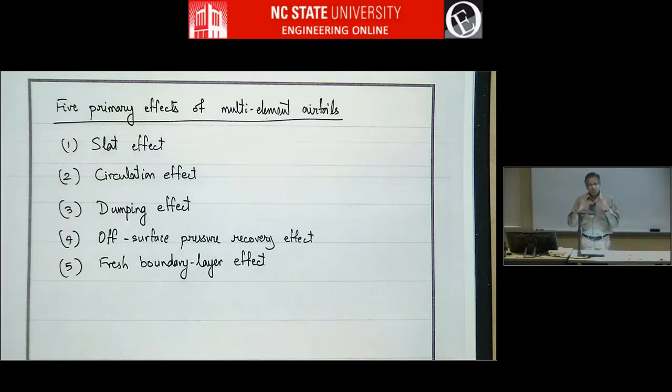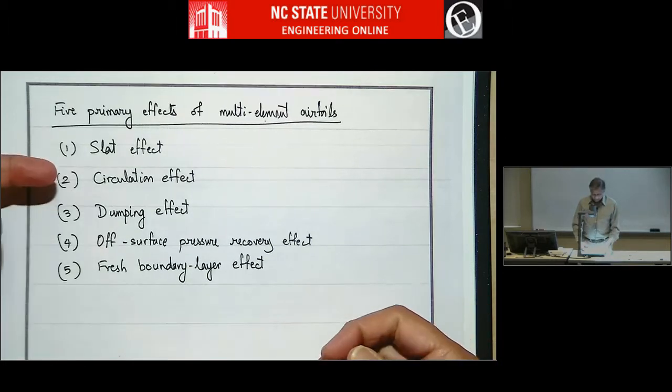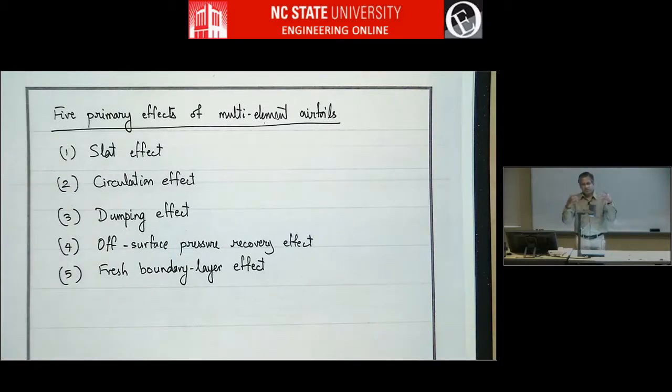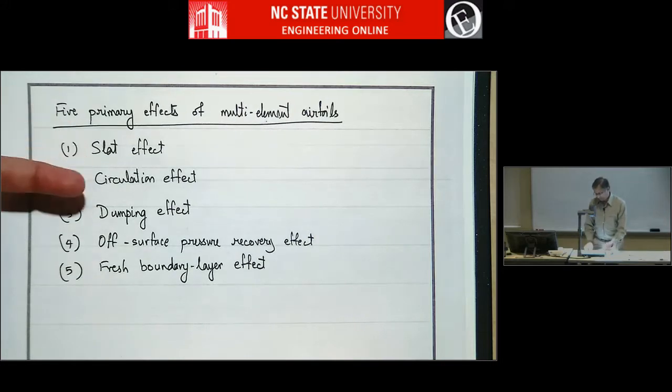Some of these have overlapping effects. For example, the slat effect and the circulation effect and the dumping effect, they're not completely unique. It's like a little Venn diagram where some things work because of both this and this and this.